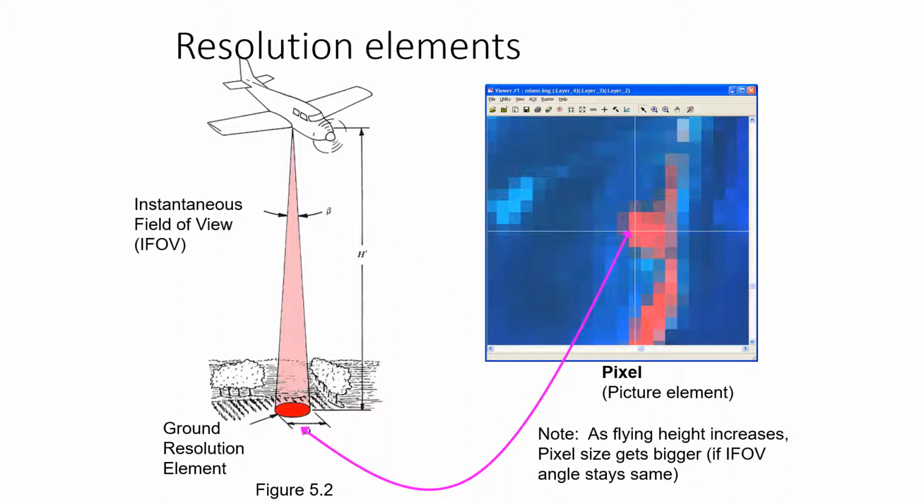Now here we're looking at it on a pixel basis. So a single pixel from a sensor, an electromagnetic array, too has a field of view, how wide an area it's going to measure, and when it gets to the ground, that's what it samples, and that corresponds to a pixel.